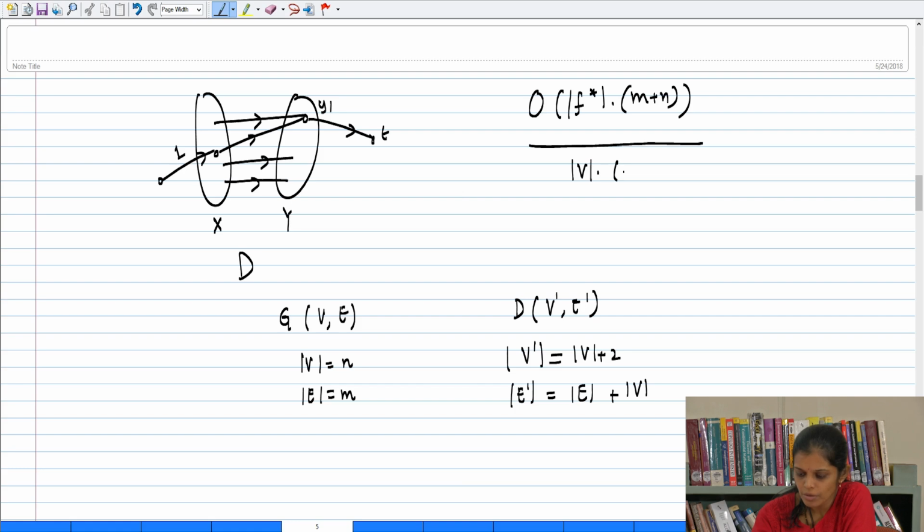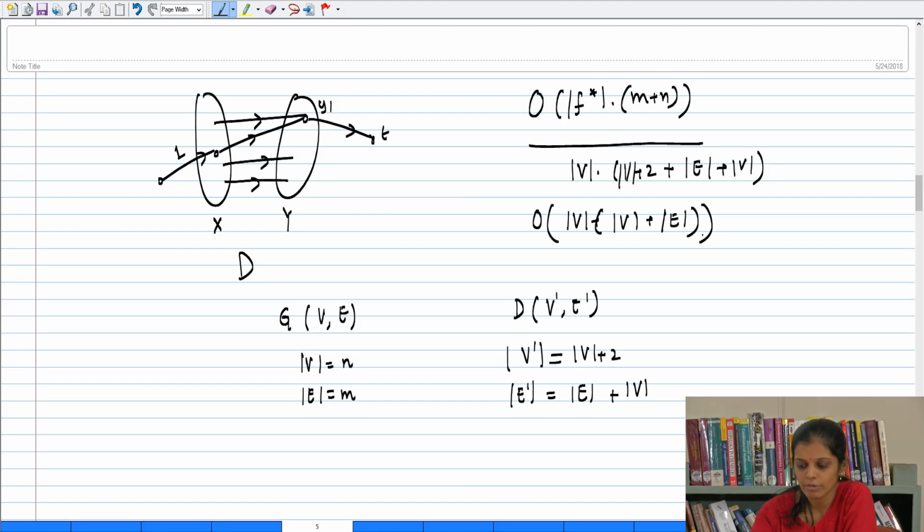So V times the cardinality of V plus 2 plus the cardinality of E plus V, the overall term happens to be V times V plus E. We will hide all this in the order notation.